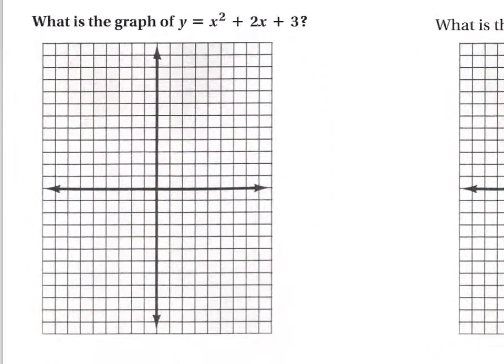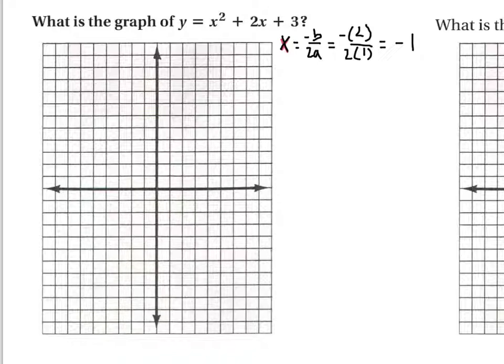All right, so our first example here is y equals x squared plus 2x plus 3. So the first thing I want to do here is find our vertex. So the x-coordinate of our vertex is located using negative b over 2a. So what's b? B is 2. So we have negative 2. What's a? 1. So we've got negative 2 over 2, which gives us an x value of negative 1.